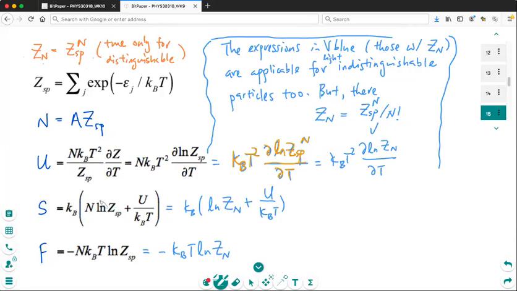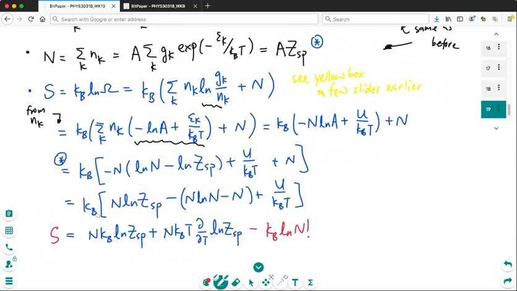You see you have this n kb log z, you have this u over kbt, which I gave you the full expression. Right? You have this term, and this term. Okay, so these two terms are there. But here for your gas, you have this extra term.